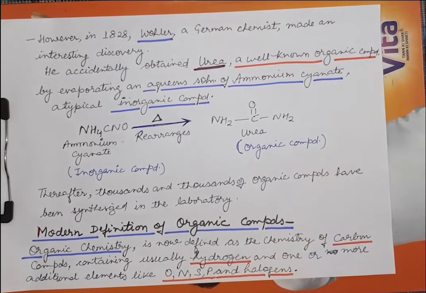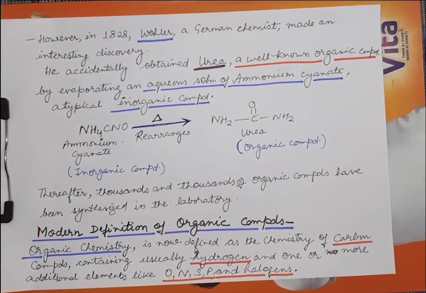In this way, by preparing the organic compound urea in the laboratory, Wohler proved the earlier theory given by Berzelius completely wrong. After that, thousands and thousands of organic compounds have been synthesized in the laboratory. So we cannot follow the earlier definition of organic compounds. What is the modern definition?